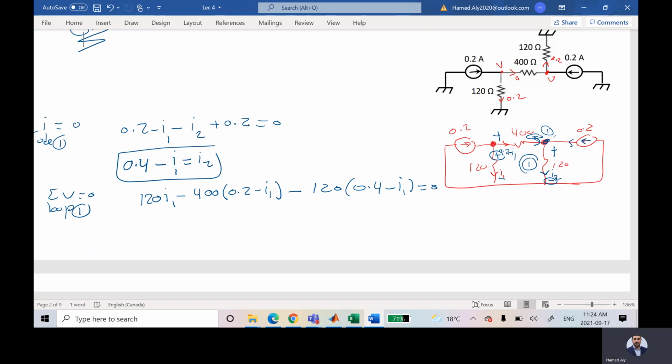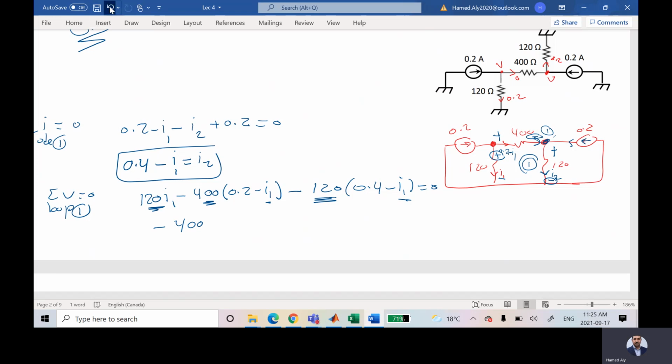Okay, guys, let me calculate. So 120 I1 plus 400 I1 plus 120 I1, because minus times minus will be positive, minus times minus will be positive, right?